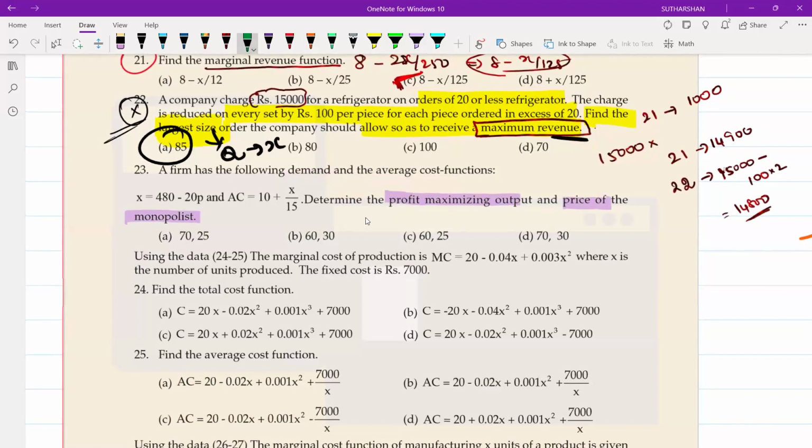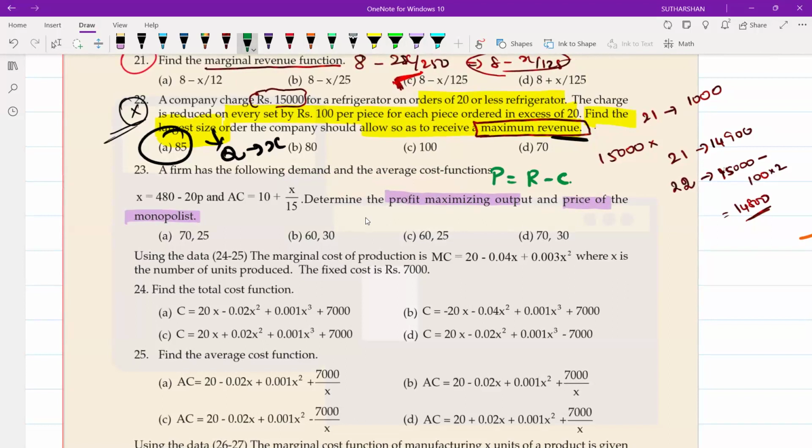What are they asking? Tell me, what is a profit? In accountancy, it is sales minus cost. In mathematics, it is nothing but revenue minus cost.